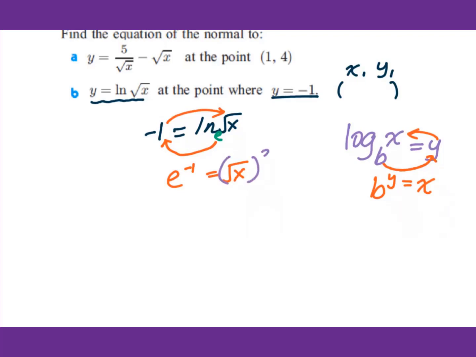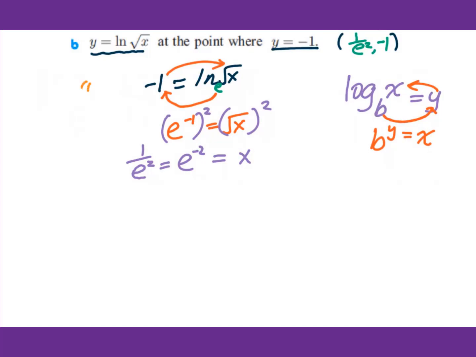Then we square both sides. You will get x equals e to the negative second power, which means 1 over e squared. Therefore, we got x1, y1, that is 1 over e squared and negative 1. This is the first step.